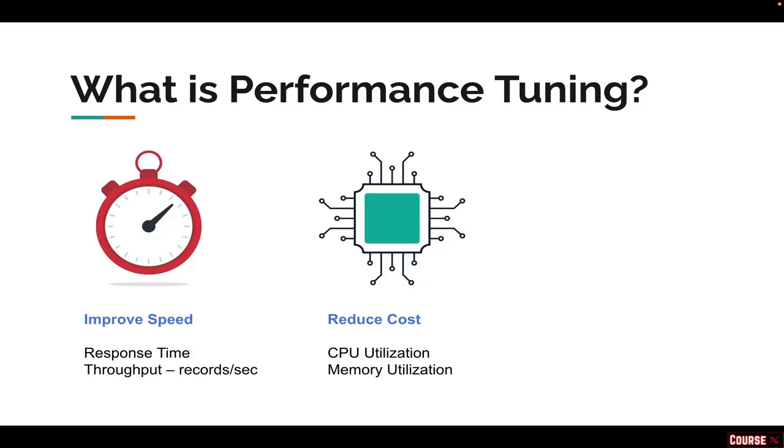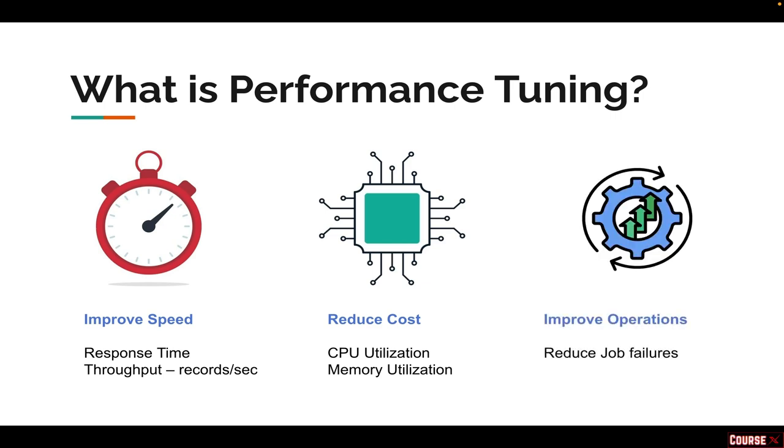So we might use this much CPU power for another job, or we might take a smaller VM or smaller core cluster and reduce the running cost of our data pipeline or job or application. Okay. So this is another way to measure performance tuning or performance optimization.